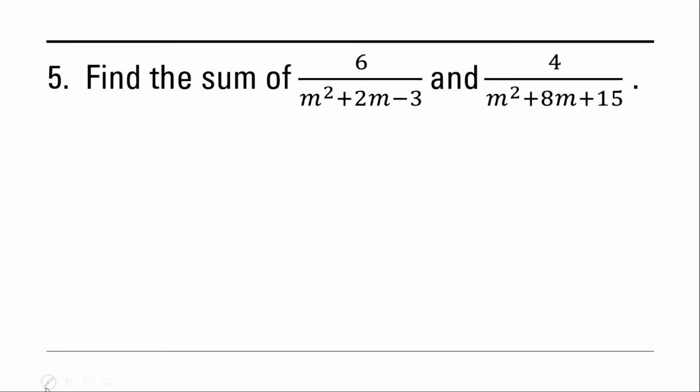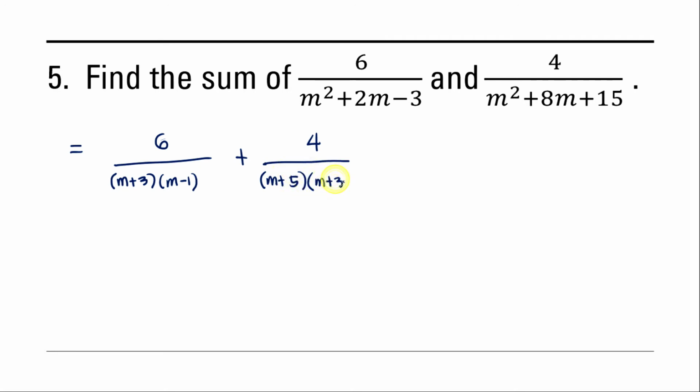5. Find the sum of 6 over m squared plus 2m minus 3 and 4 over m squared plus 8m plus 15. So, let us factor out the denominators. We have 6 over m plus 3 and m minus 1 plus 4 over m plus 5 and m plus 3.